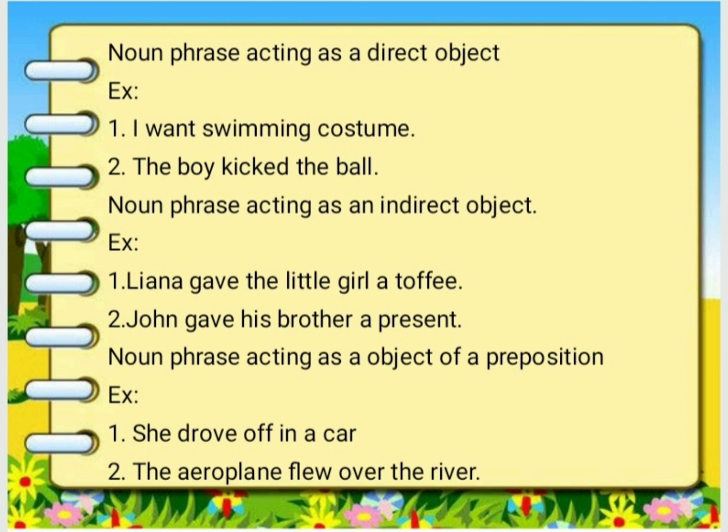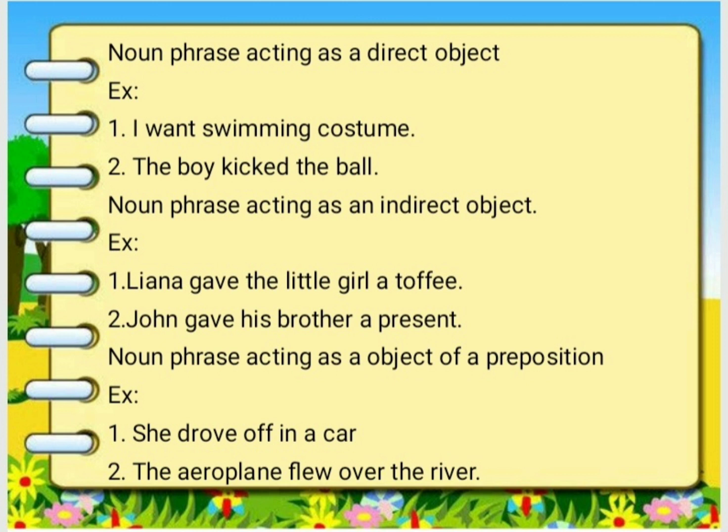Noun phrase acting as an object of a preposition. The examples here: number 1, she drove in a car. Number 2, the airplane flew over the river. In the number 1 example, a car is a noun phrase which is coming after the preposition in.